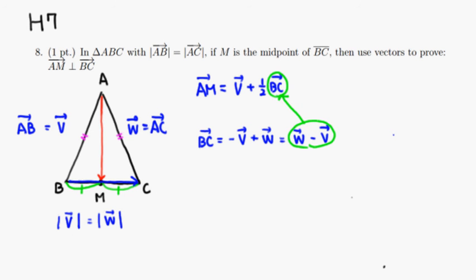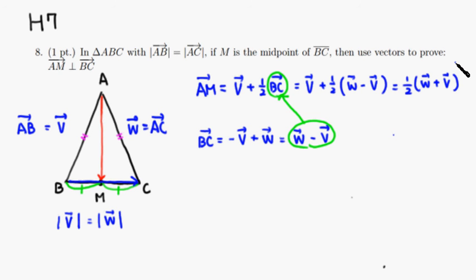So this is going to be V plus 1/2 of vector W minus vector V. This is going to be V here and a negative 1/2 V, so it's going to be positive 1/2. If you simplify, you get 1/2 times vector W plus vector V.